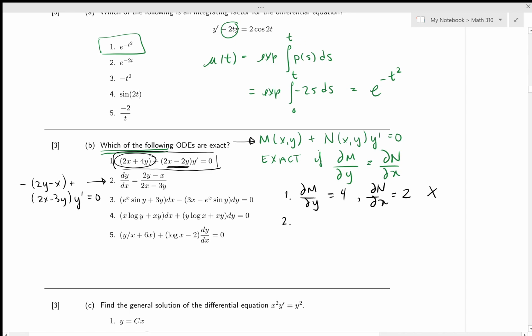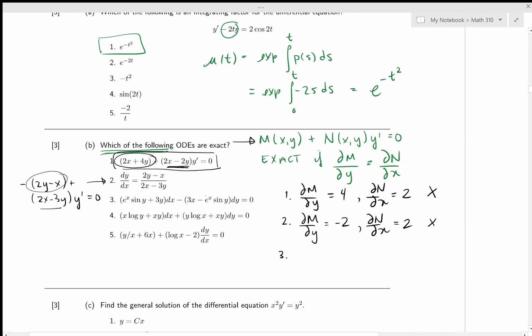And then I can see what M and N are, and I can compute the partial derivative. So I do it again, dM by dy, and I'm here taking the partial derivative of that. It's minus 2, and then dN by dx. I take the partial derivative with respect to x of this one, and I get 2. Nope. Keep going. Go on to question number 3.